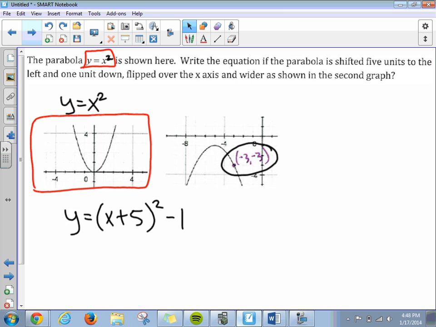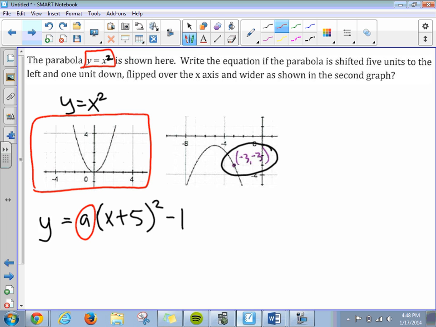We're not quite done yet, because remember how we talked about it getting wider? So we're interested in finding out what a is going to be equal to. Our goal is to figure out what a needs to be in order to find the complete equation. You can see here we selected the point -3, -3. All we're going to do is plug it in.